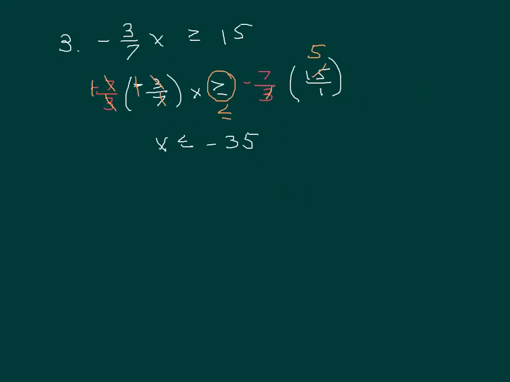On this problem, negative 3/7 x is greater than or equal to 15. You correctly did the x is less than or equal to negative 35. You correctly graphed it. And then you correctly wrote the interval on your paper, I think. I just don't know what notes you took after you did your exam, but I'm pretty sure you did write it correctly.